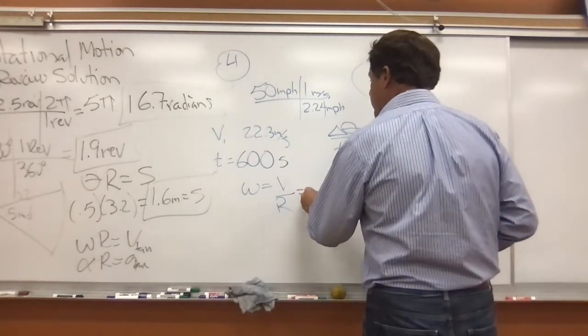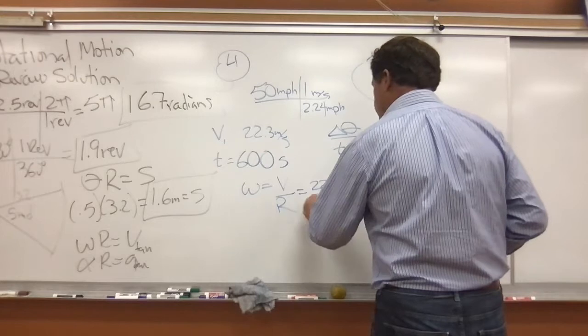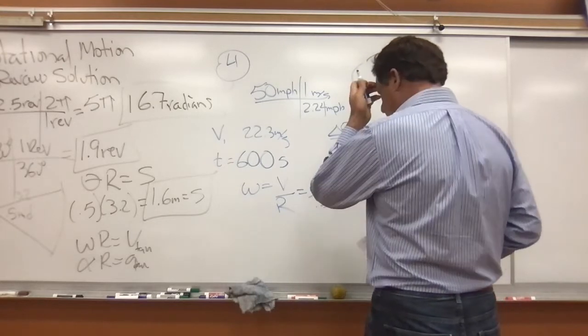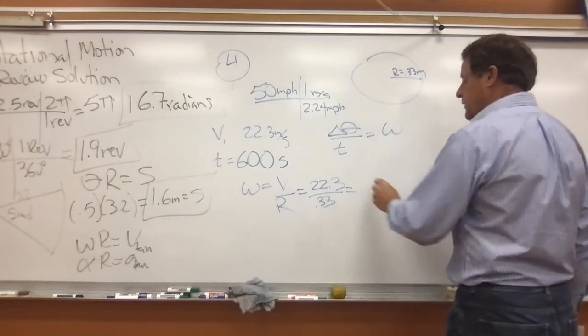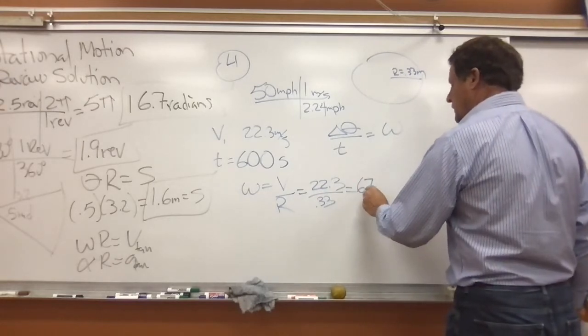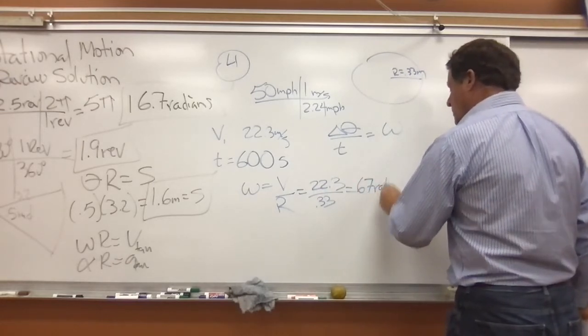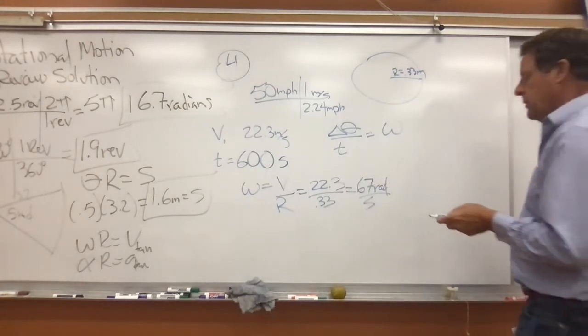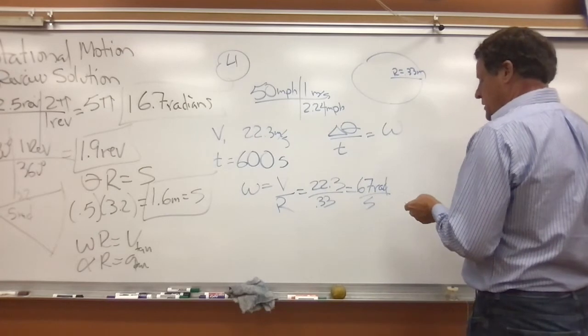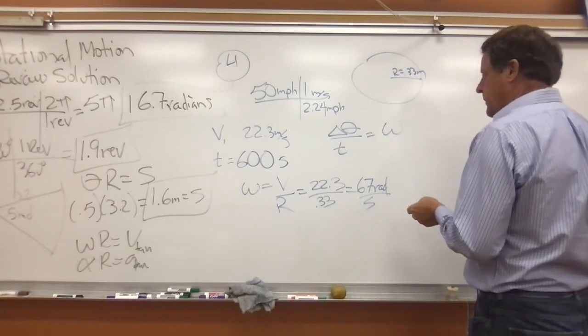So we have 22.3 divided by 0.33, and that's about 67 radians per second, which is our omega.